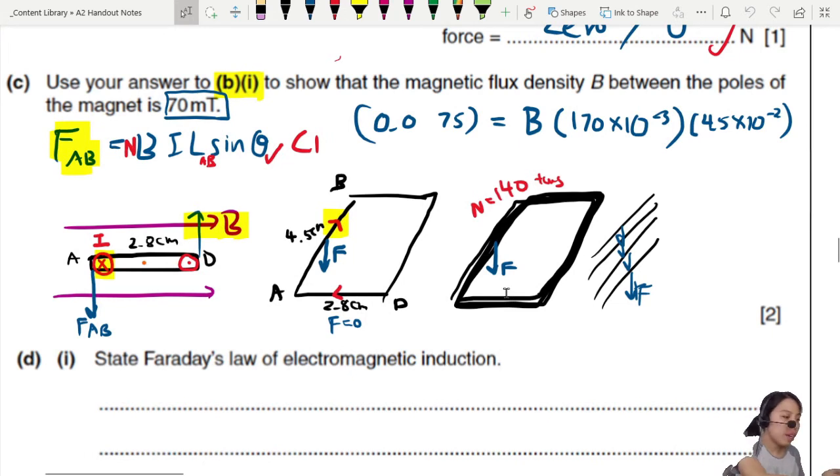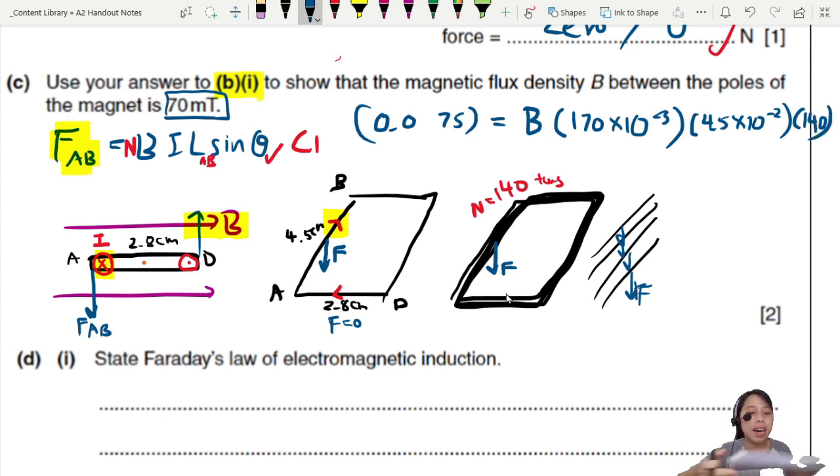So remember, if these are coils, be a little bit careful. It's not just one coil, many coils. So the force is many times larger. So we need to tweak our formula a bit. Here we must multiply by 140 also. Now we press the calculator and check. Now you will get 70 millitesla. So 70 times 10 negative 3 Tesla.